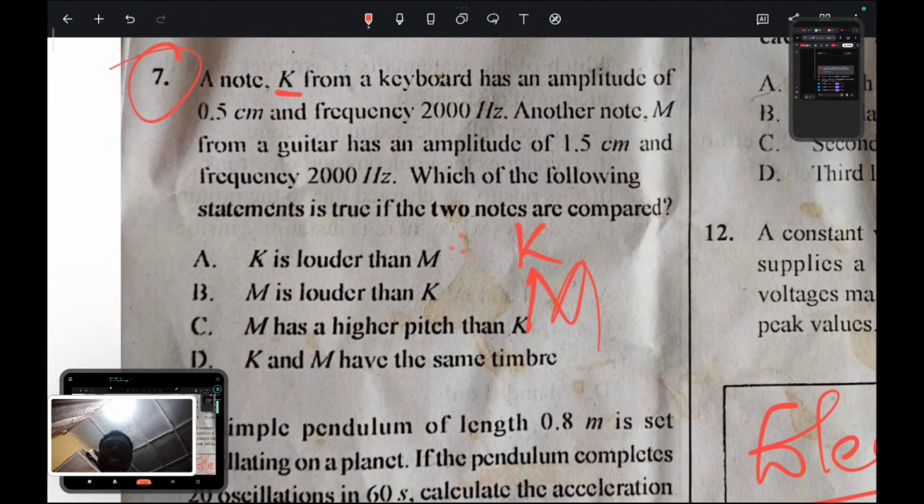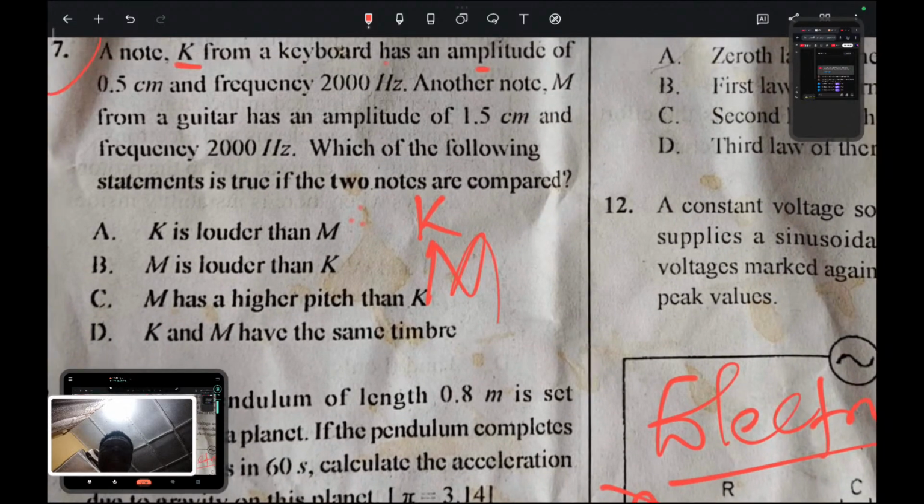So it says a note K from a keyboard has an amplitude of 0.5 centimeters. This is under sound waves. So our amplitude for K equals 0.5 cm, and frequency for K is 2000 hertz.